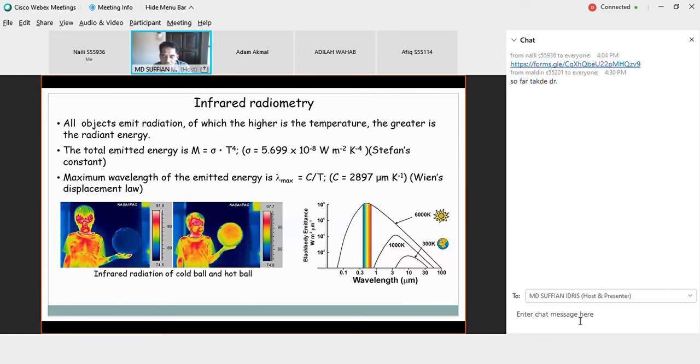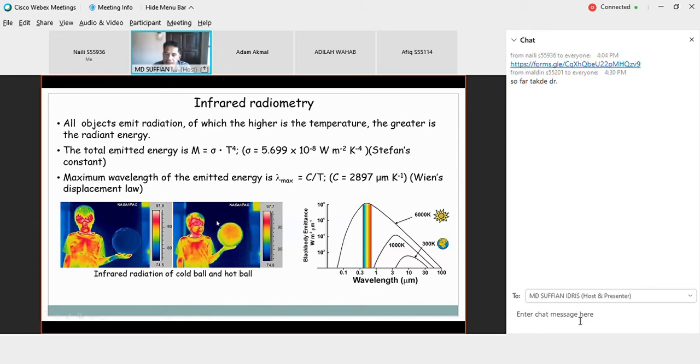Kalau suhu yang lebih tinggi, you akan emit lebih banyak, ataupun shorter wavelength. Kalau you punya suhu lebih rendah, you akan emit longer wavelength. That one is based on the Wien displacement law lah. So you belajar last semester. Maximum wavelength of the emitted energy depends on temperature of the object.